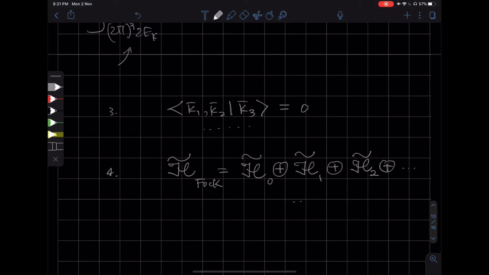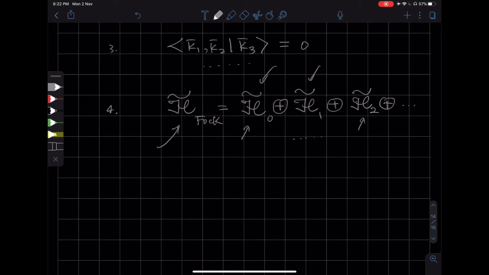So the Fock space is an infinite dimensional Hilbert space where each component, apart from the vacuum, is itself infinite dimensional because the momentum has infinite range. This is the mathematical structure of the Fock space.